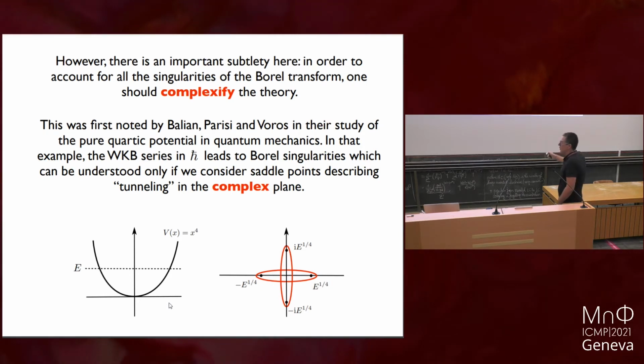And then if you try to think about other saddle points of this classical theory, the only kind of classical motion that you have here in the real plane, in real space, are actually these oscillatory motions. So they were very, very surprised that you don't seem to have room for other saddle points appearing in the theory.